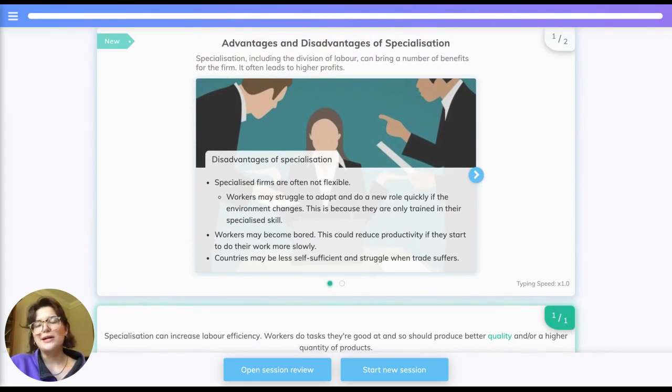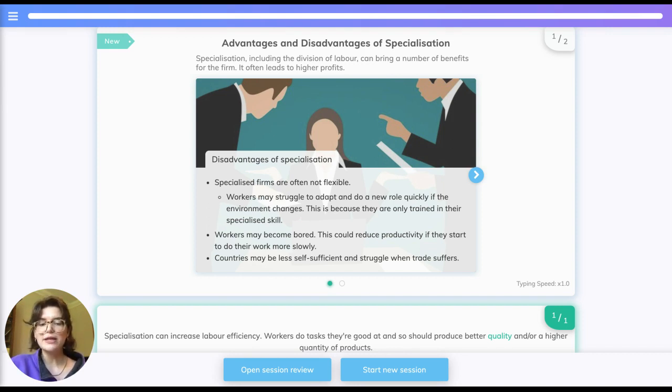So this is all very good and well that you can specialise, but what are the advantages and disadvantages of doing so? Let's first off talk about the disadvantages. Specialised firms are often not flexible. Workers may struggle to adapt to a new role quickly. Workers may struggle to adapt and do a new role if the environment changes.